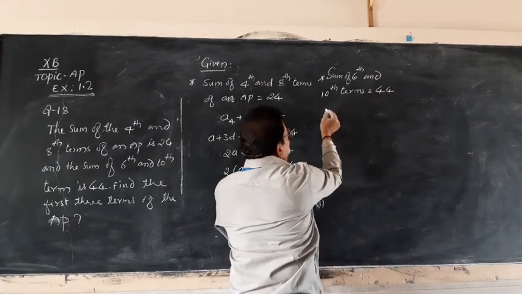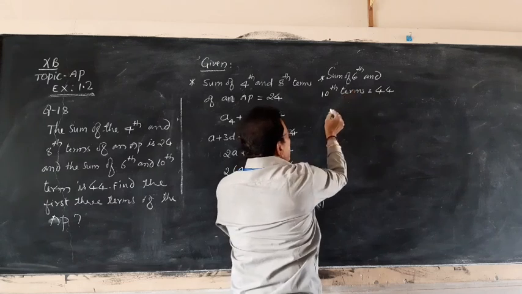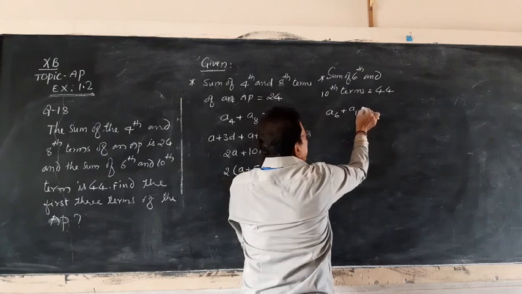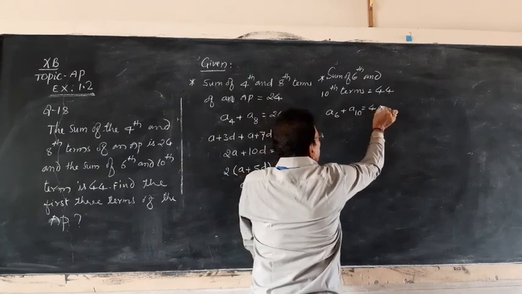Okay, let us write it in mathematical format: A6 plus A10 equals 44.